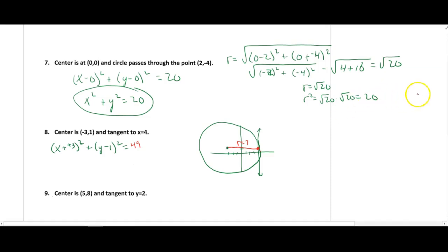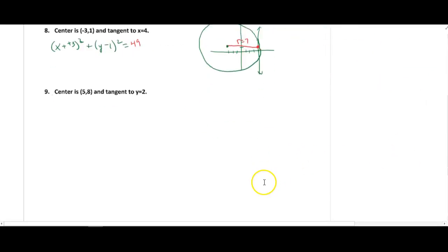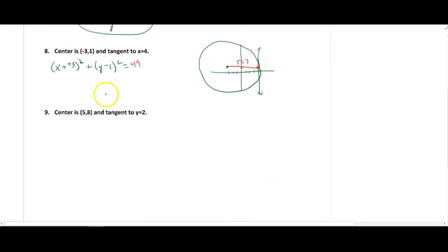Now the last one here. The center is at 5, 8, and tangent to y equals 2. Remember, up here, x equals a number is a vertical line. y equals a number is a horizontal line.